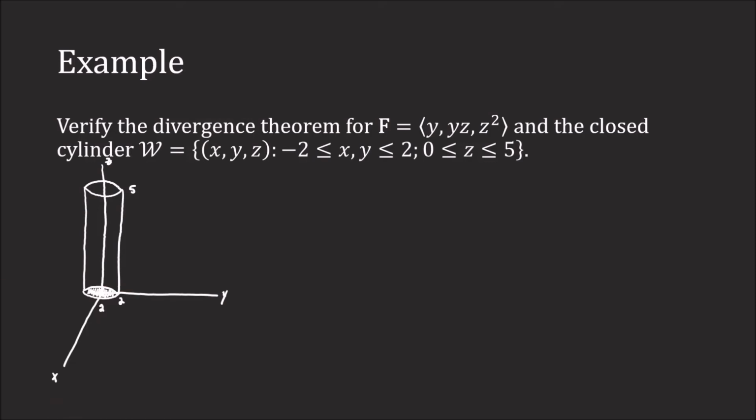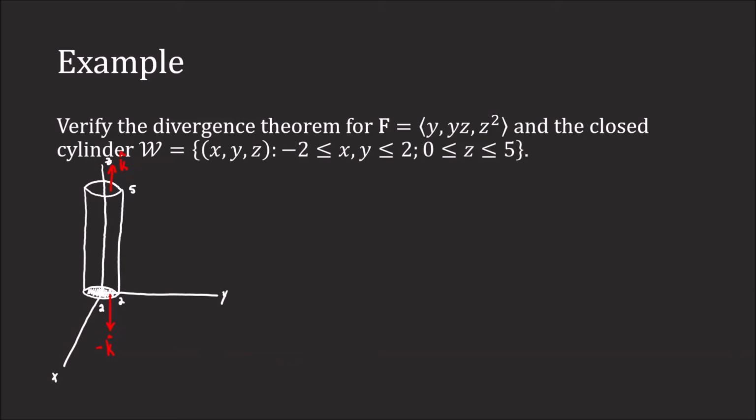Now, we're going to be using outward pointing normal vectors. So that means down here, we're going to have a normal vector pointing that way. This is negative k hat. Up here we have one pointing up there. That is positive k hat.